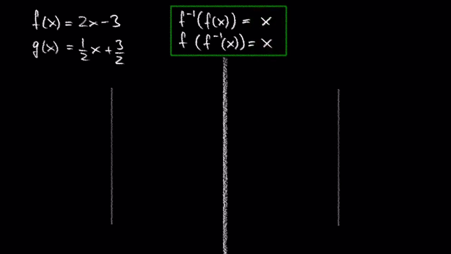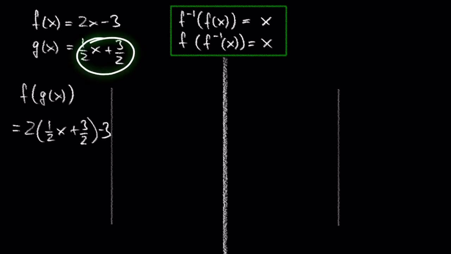So we can write f of g of x equals 2 times 1/2 x plus 3/2 minus 3. Two times 1/2 x is x, and 2 times 3/2 is 3.